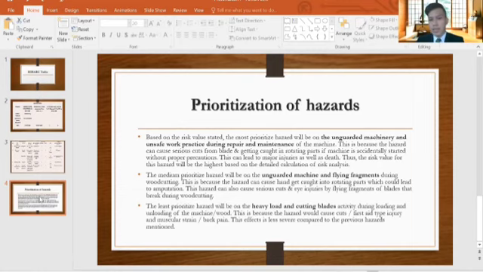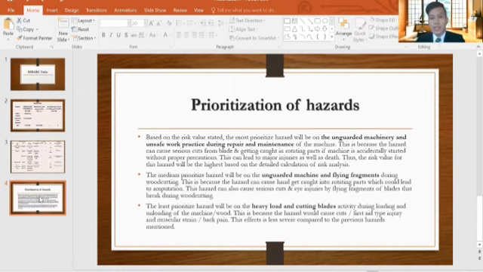This hazard can also cause serious cuts and eye injuries by flying fragments of blades that break during the wood cutting process.